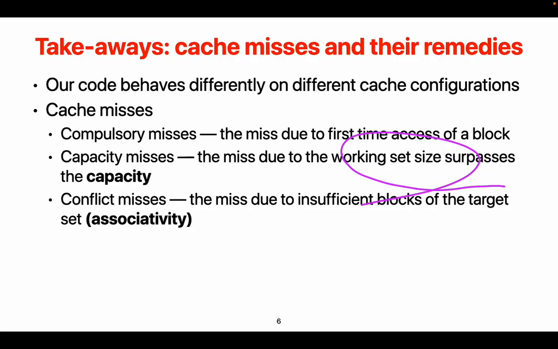Some of you asked whether there is a specific format or keyword I'm looking for in your answer in the autograder. The answer is no. If the answer is conflict misses, I definitely want you to prove this is not a capacity miss or a compulsory miss before you say this is a conflict miss. If you don't have these elements, I'm not going to give you grades, because that's not a full proof of a conflict miss.